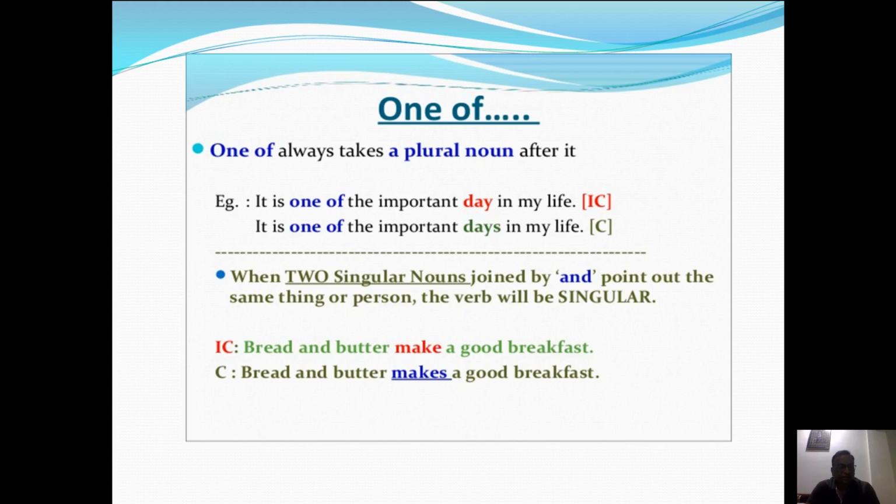Correct will be bread and butter makes a good breakfast, because when two singular nouns, bread and butter, joined by and point out the same thing or person, when it's pointing about the same thing or person, the verb will be singular.